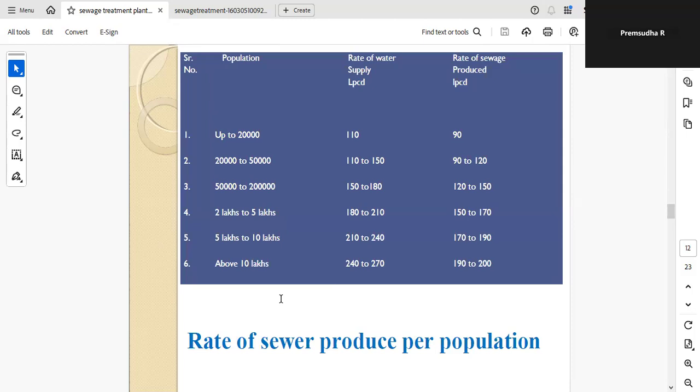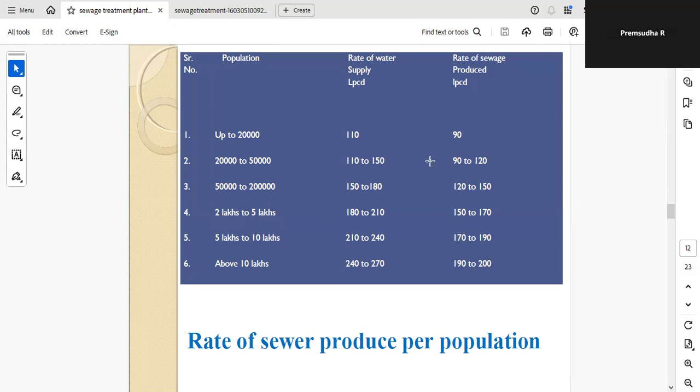So here you can see the raw sewage production, how much rate it is producing. For a population up to 20,000, the rate of water supply here is 110 LPCD, and the quantity of sewage produced is 90 LPCD.